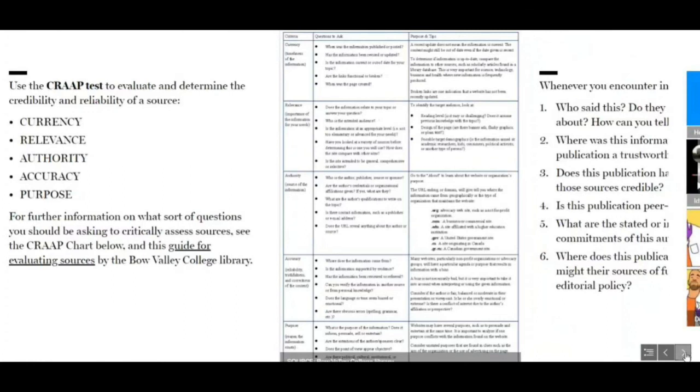First, you have to consider the currency of the source, meaning, is it presenting information that is relevant to the contemporary issue that you are looking at, or is the source too old as to present no new information that is relevant to the contemporary situation? Remember that social problems are also historical.